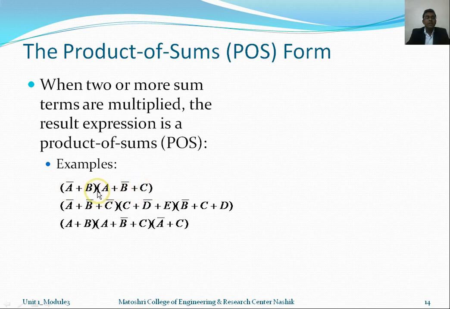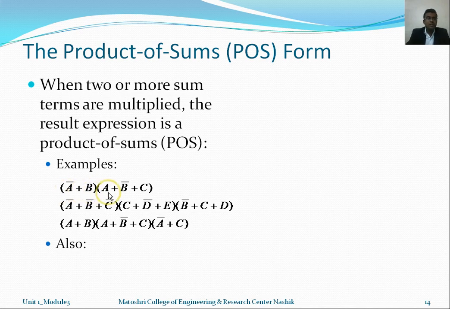The first and second sum terms are related to each other by this dot operation, which we call the product operation, or the ANDed operation. So it's a product of sum terms.